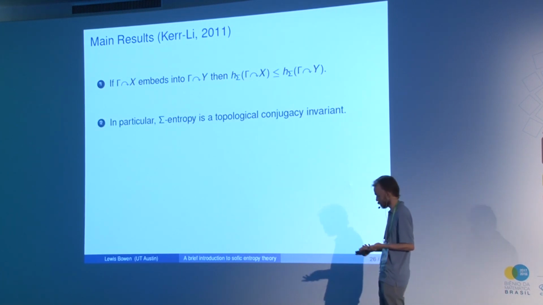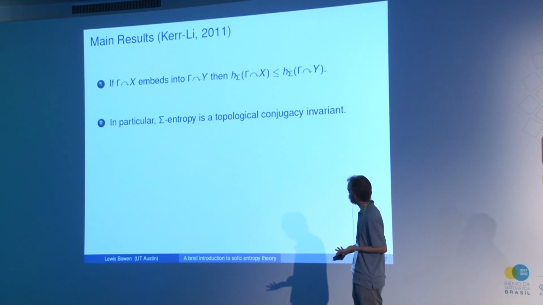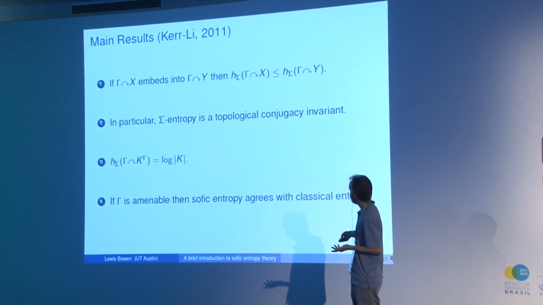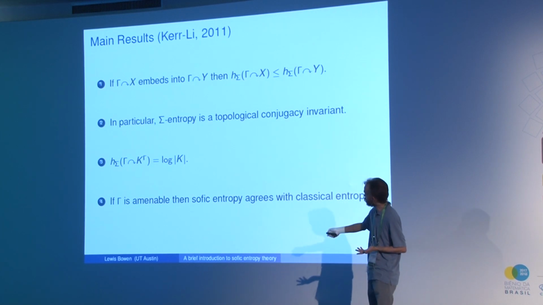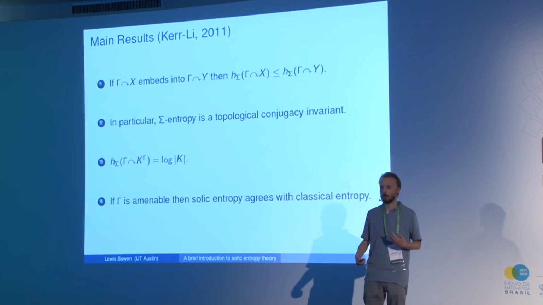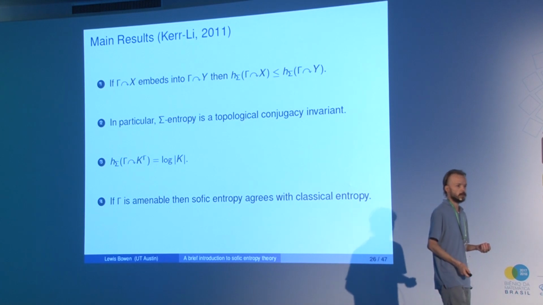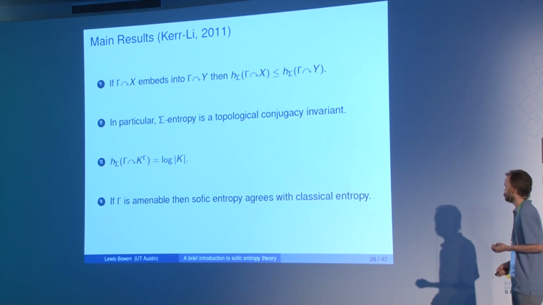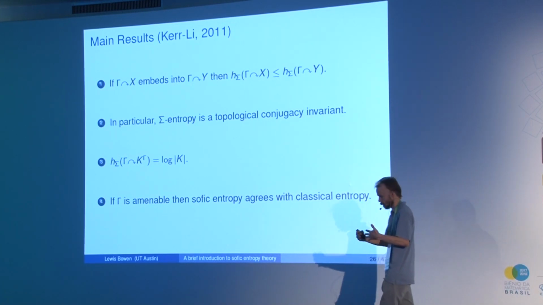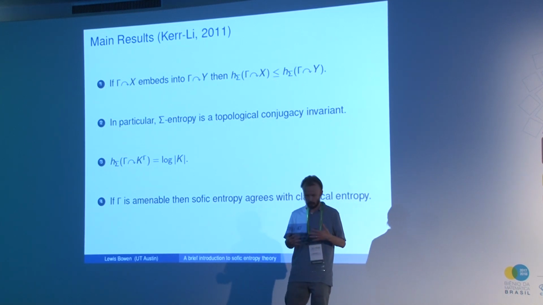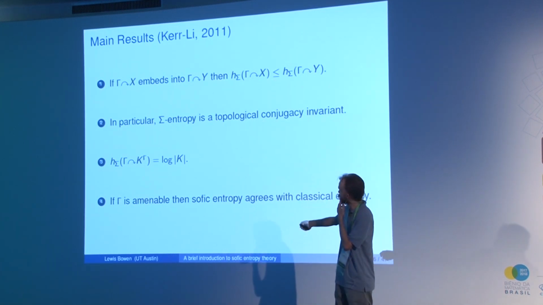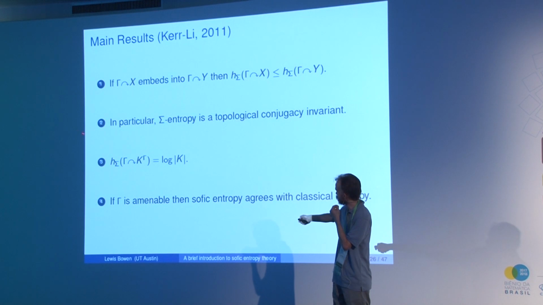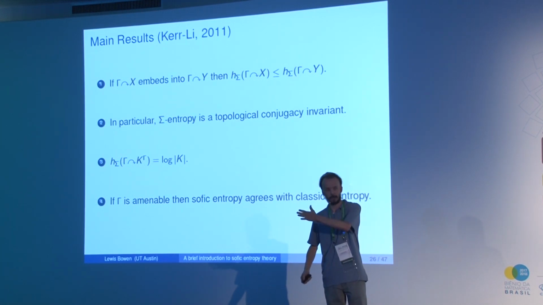So we do get a topological conjugacy invariant. And, okay, the entropy of the full shift is still log K. This is not a difficult computation. Well, I should be a little bit careful here. It depends on the choice of sequence of finite actions.